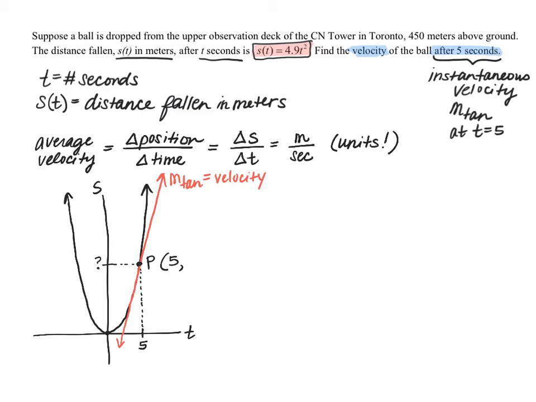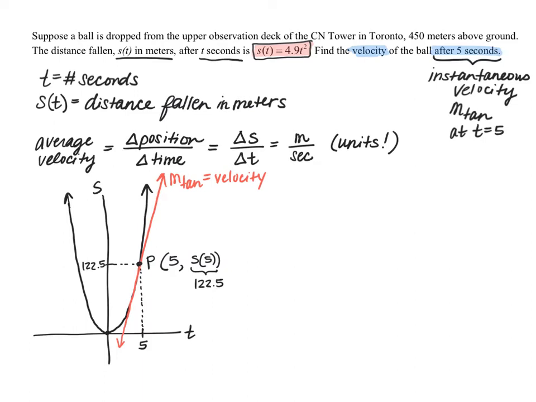We could write this as s of 5, or we could calculate this value by plugging 5 into our function, 4.9 t squared. If you want to do that, you may, because the output here is 122.5. Remember, what this means is that after 5 seconds, the ball has fallen 122.5 meters. That's the distance the ball has fallen.